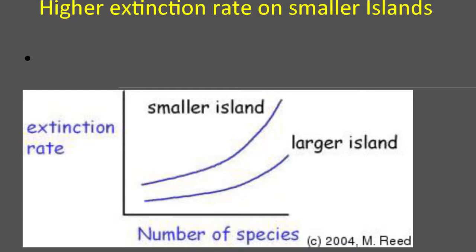And so what you see is that these things curve up, because on the axis there is the number of species on an island, and when you have a very small number, there are also not so many species that can go extinct. So when you have more species, that's why the lines are curved. Then they said, what about the arrival of new species?